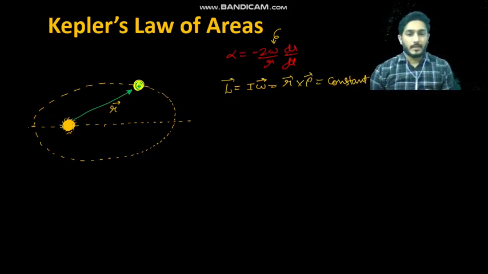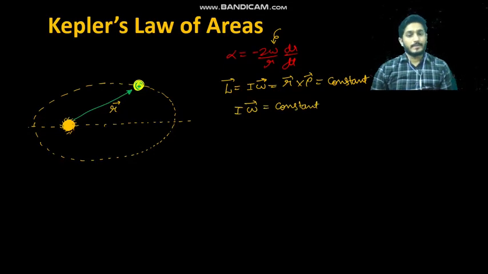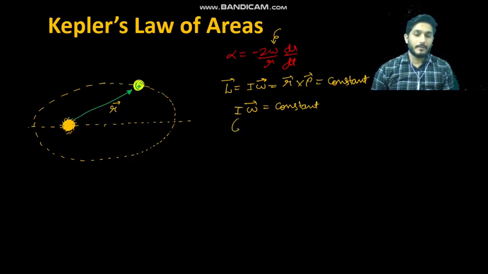So we can say I times omega vector is constant, and at some point if we know that I has increased or decreased, then omega would go the other way. That means if moment of inertia is increasing, omega would decrease.